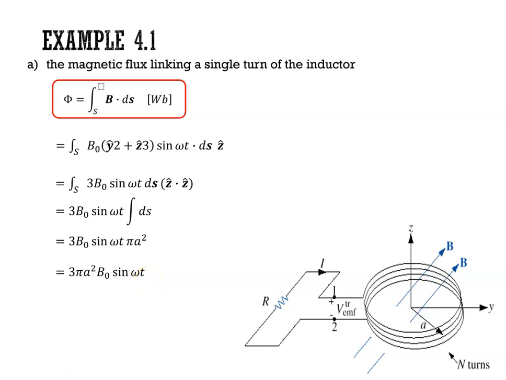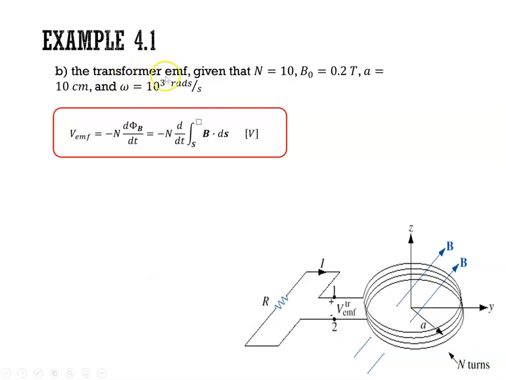For the next question B, the transformer EMF, which is VEMF, given all these values, VEMF is equal to minus N d/dt of your flux, which is equal to minus N d/dt of the integration of B dot dS.